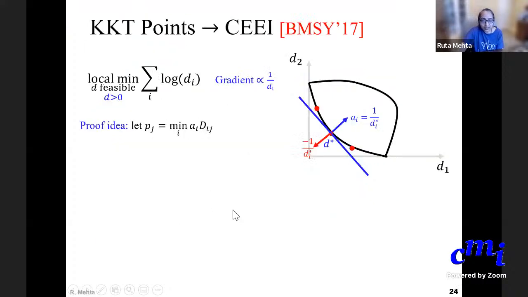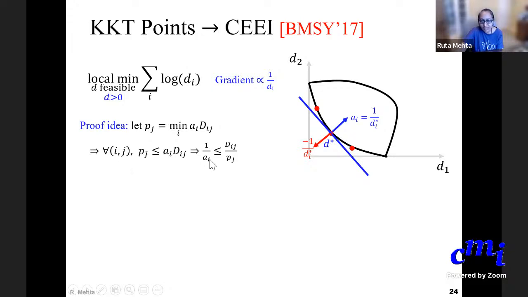Okay. So now let's look at this point where you have a supporting hyperplane with normal equals gradient. Okay, so let's set Pj. So I have this gradient Ai. Let's set Pj equals minimum over all agents i of Ai times Dij. You will wonder why. Let me show you why. So if this is how I set the price Pj, then I know that Pj is less than or equal to Ai Dij by definition.